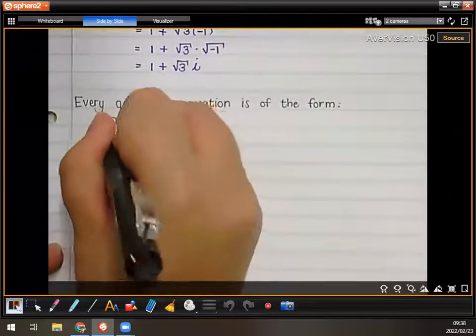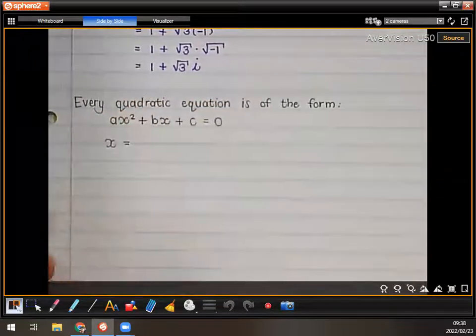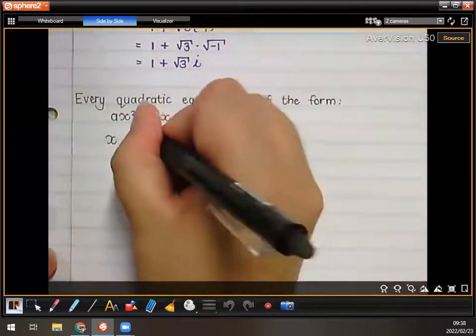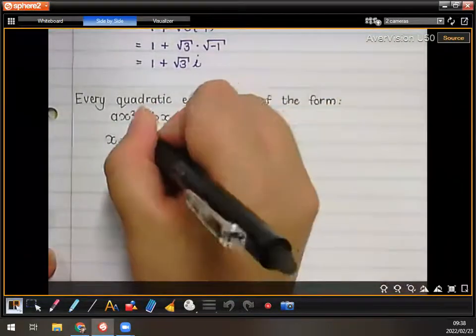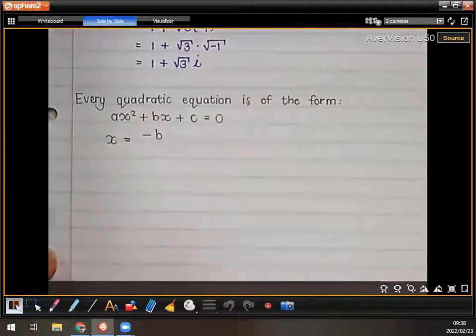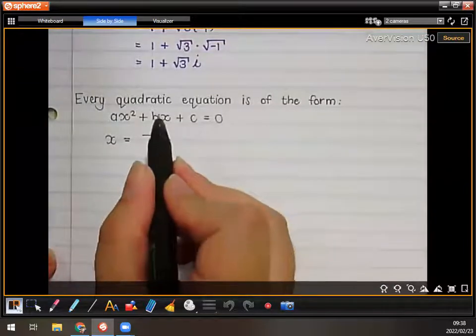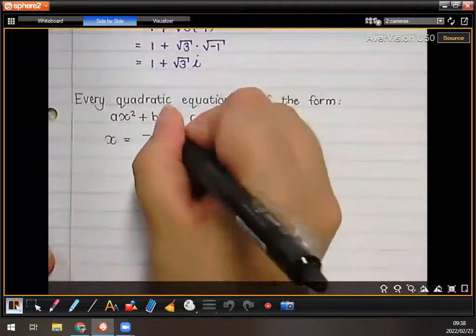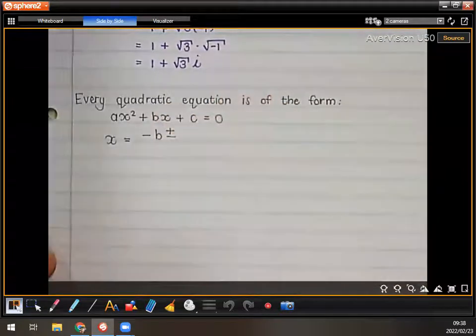So the quadratic formula is x is equal to, and it's a fraction, so in the numerator, minus b. And now we know that b is the coefficient of x. Plus or minus. Don't panic.